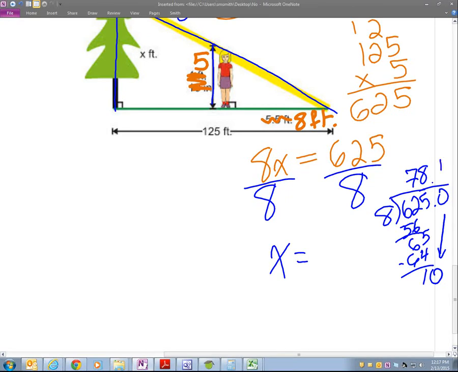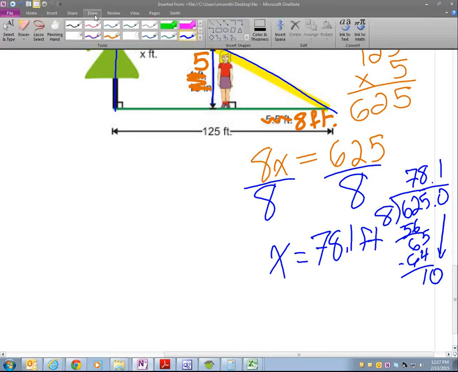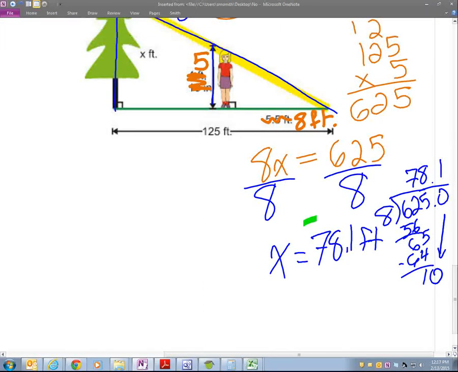I'm going to stop right there. So 78.1 feet. That is how tall that tree is. 78.1 feet tall. I know I kind of rushed through that one, but the main idea is whenever you have triangles that are coming together, when one is inside the other, it's going to be similar triangles.